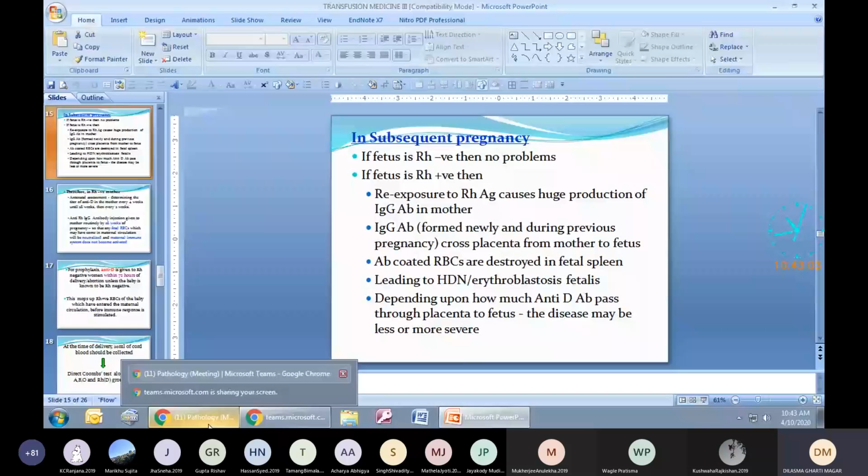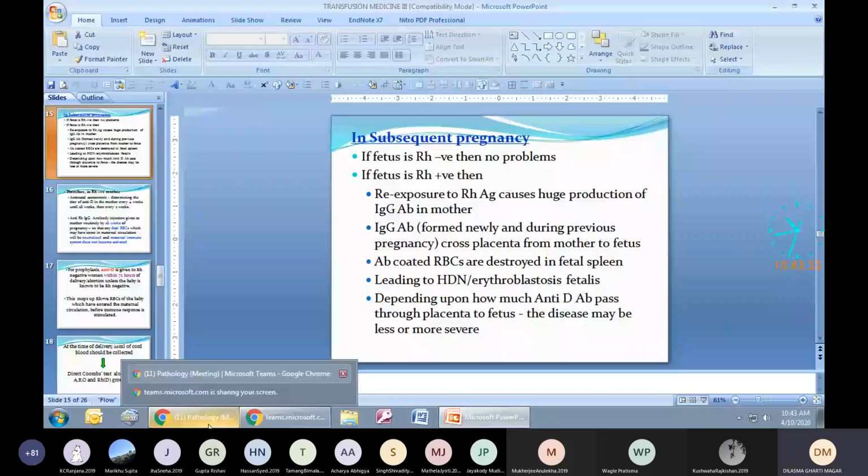That time there will be formation of these anti-D antibodies. Now if the fetus becomes Rh positive again, all these antibodies in the mother's circulation will go to the baby and lyse the RBCs of the fetus.